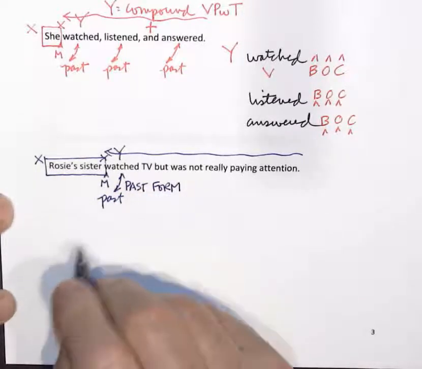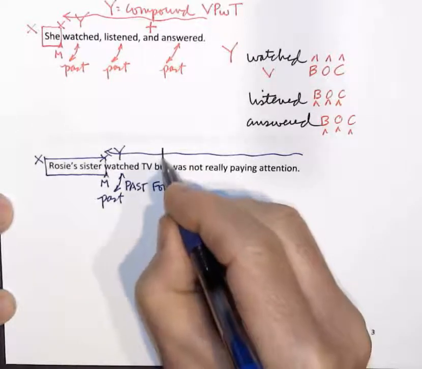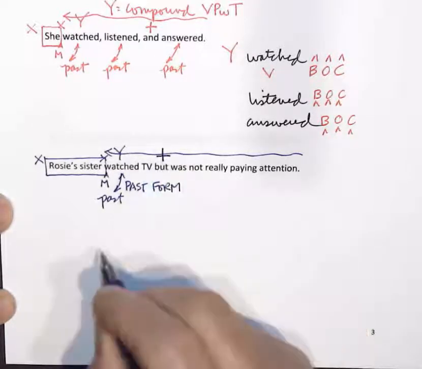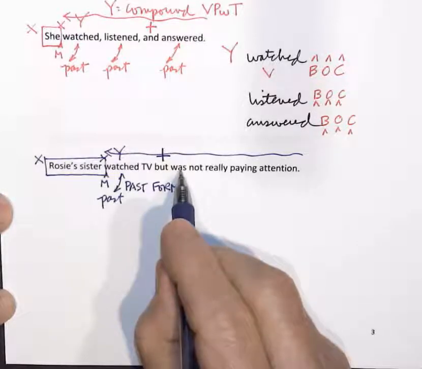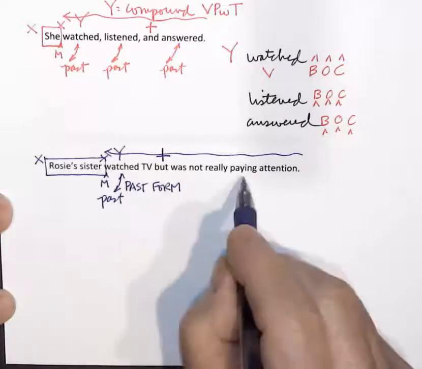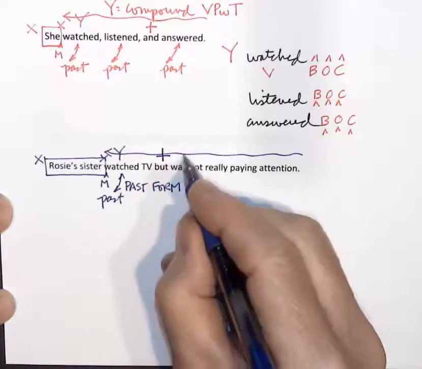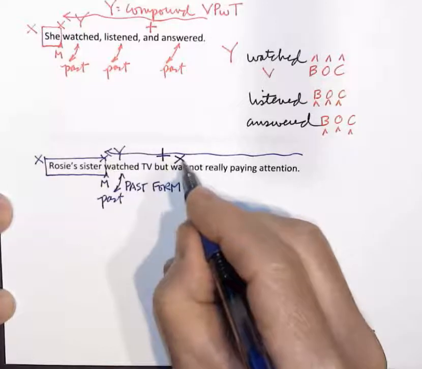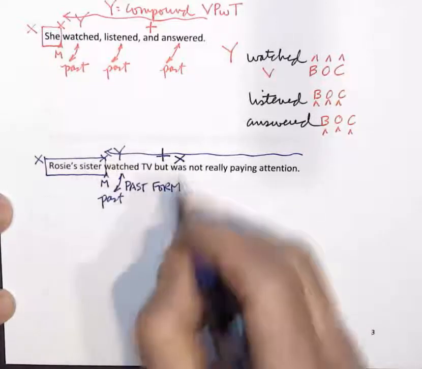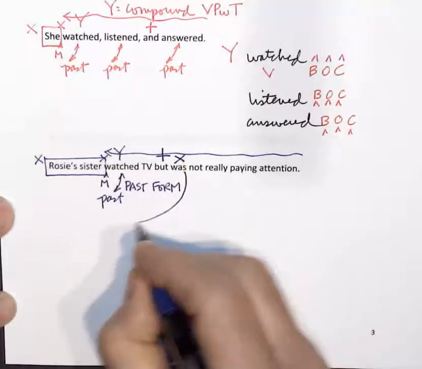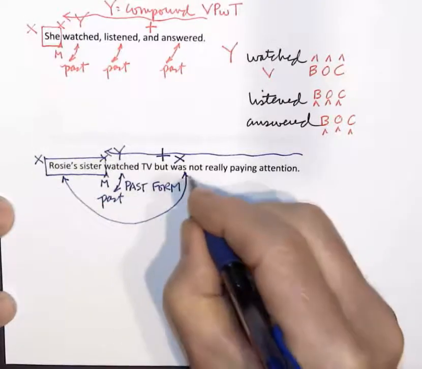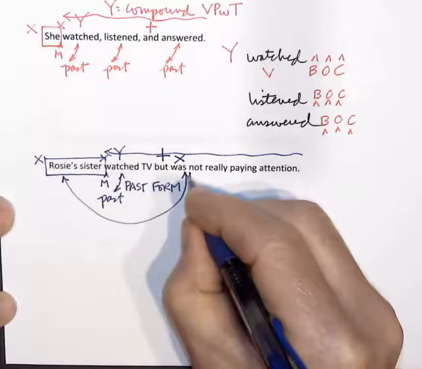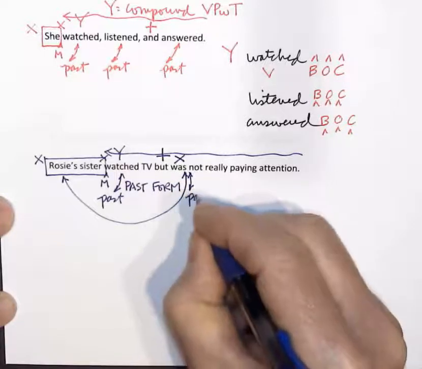Now let's take a look and see, we do have a coordinator, but. And when I look on the other side, I see we have another X word. Was Rosie's sister not really paying attention? So it looks like the was goes together, it ties with Rosie's sister, and also ties with the past.